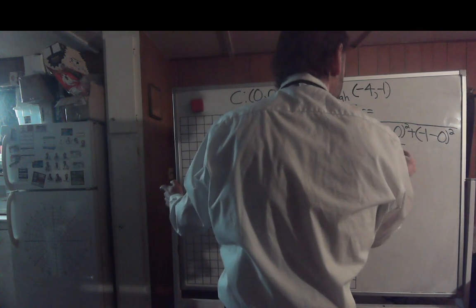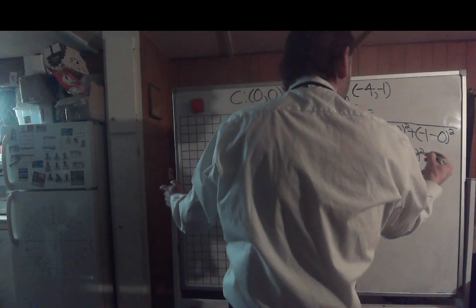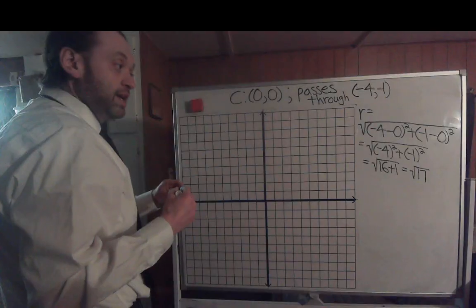Then you get the square root of -4 squared plus -1 squared, which turns into the square root of 16 plus 1, which gives you the square root of 17. So you have a radius of the square root of 17.